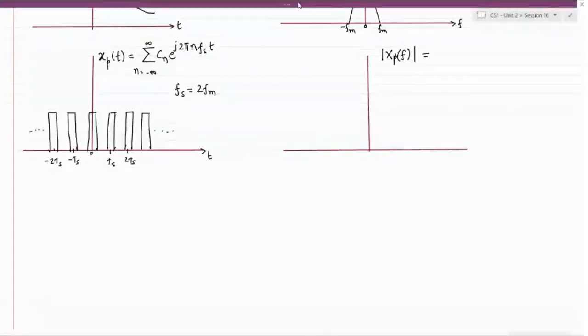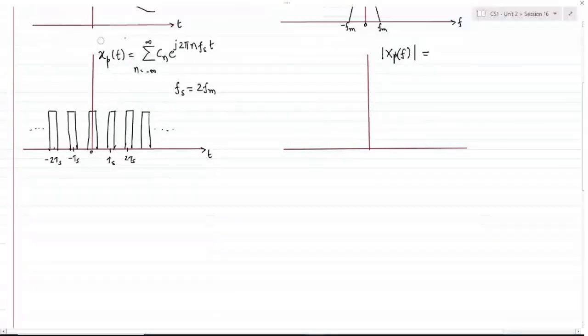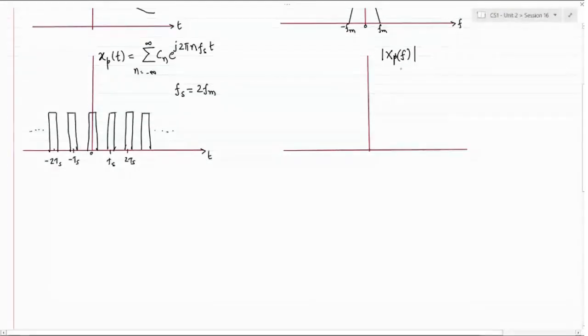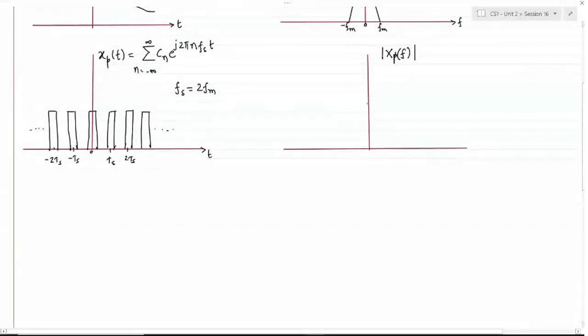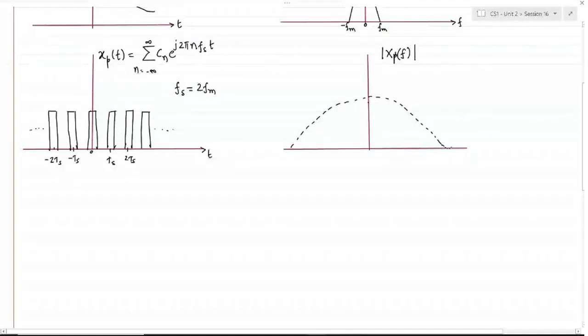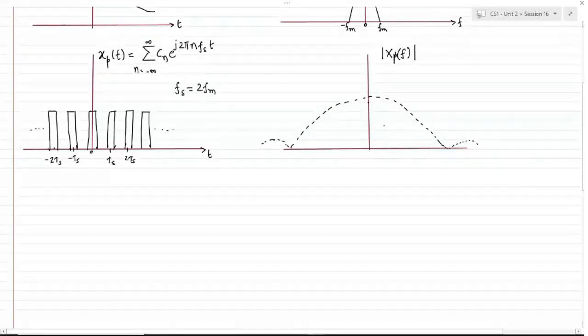If I try to write now what will happen: Xp of f, that we know, actually depends on the coefficient Cn, which I've written there. This will also have its major lobe as a sinc function. Okay, and so on on the negative scale. I'm just looking for the major lobe here.